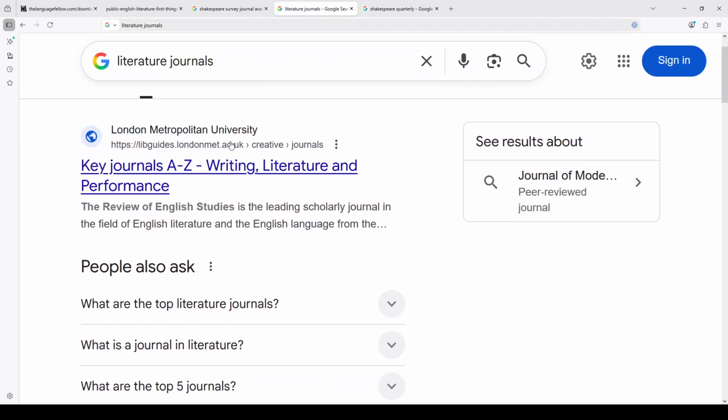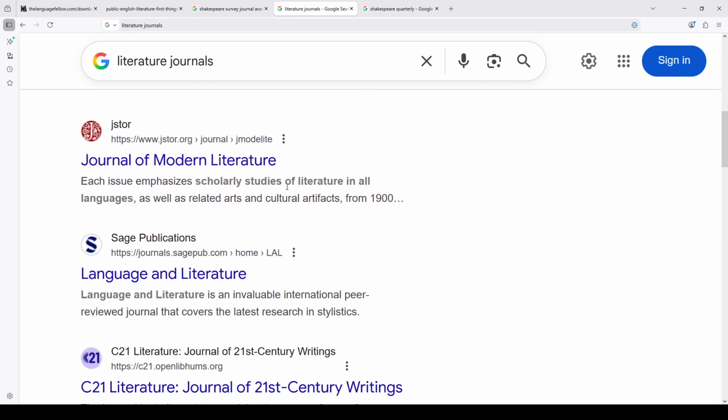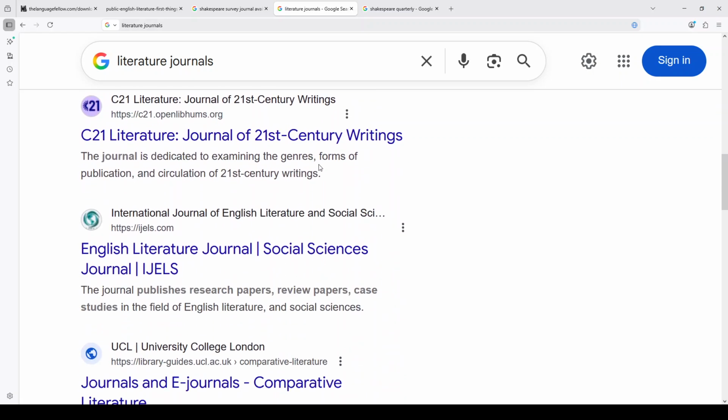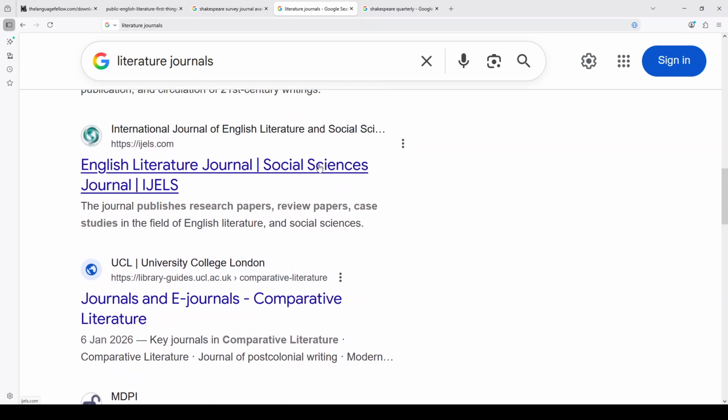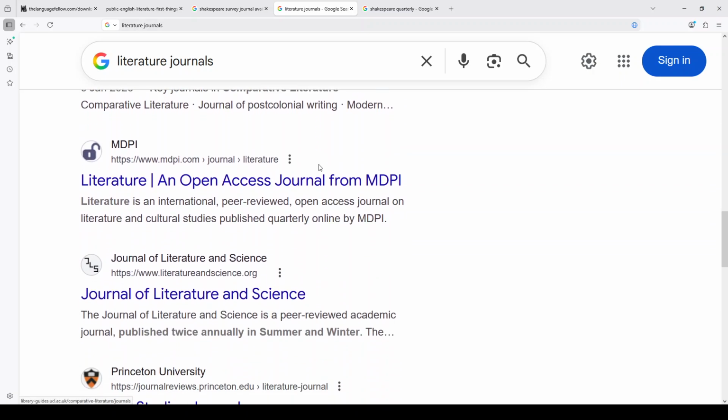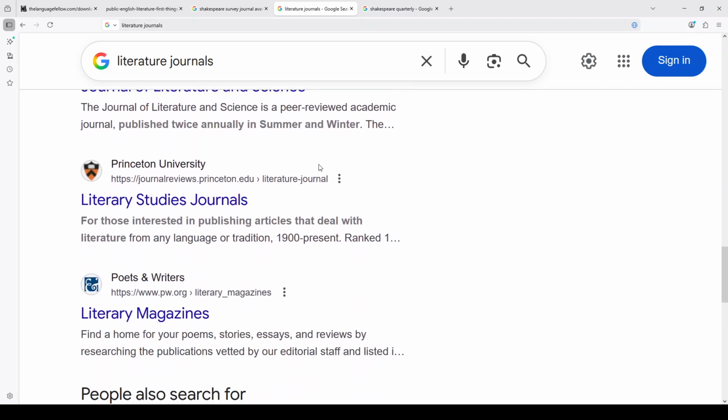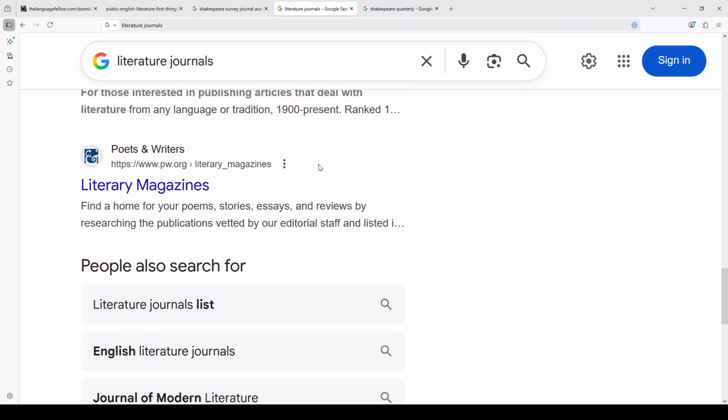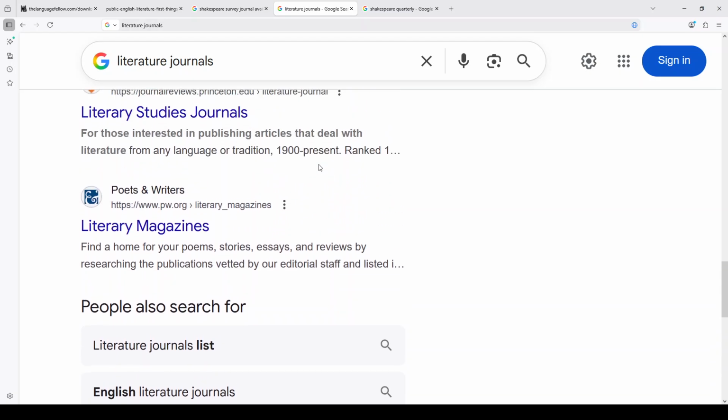Key journals writing again, that's London Metropolitan University, a university site. You could have it on JSTOR, you could have it from a lot of resources. It's just a matter of what turns up on the first page of Google and what AI picks up and gives you and so on.